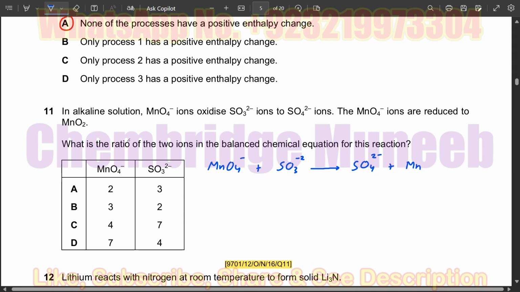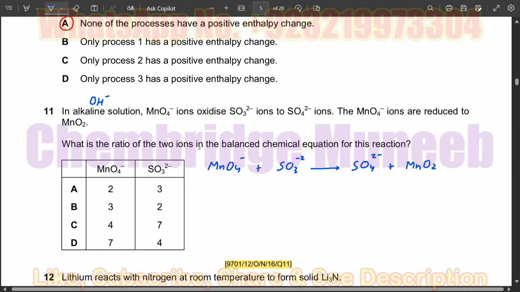According to the question, the product is MnO2. Now, this reaction is occurring in alkaline solution, which means hydroxide ions must be present in this equation, which I currently don't know where, either on the left side or the right side, but that will be decided later.